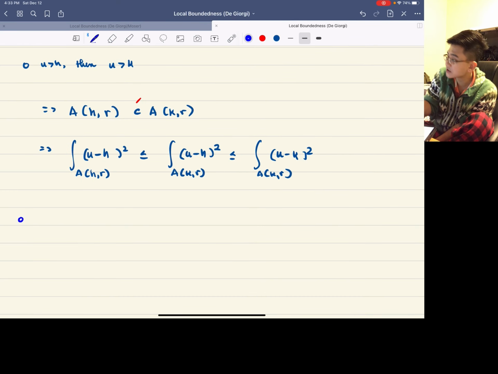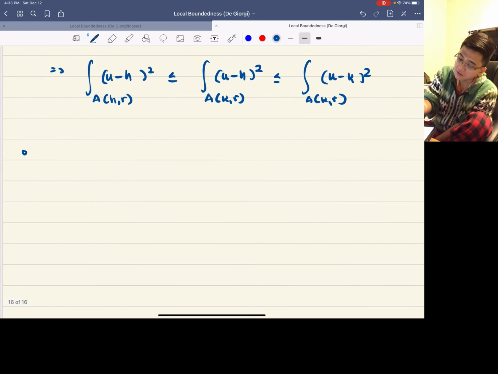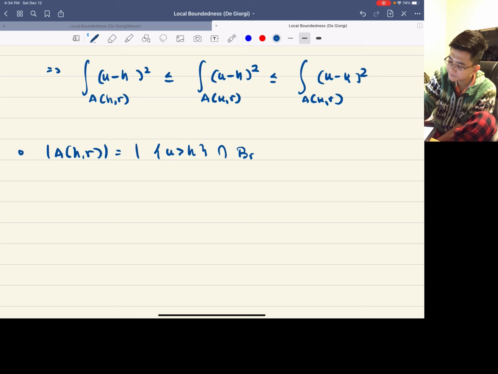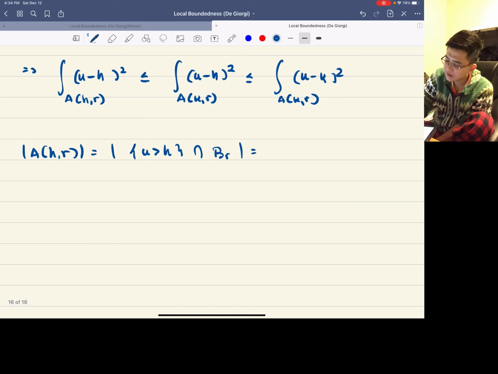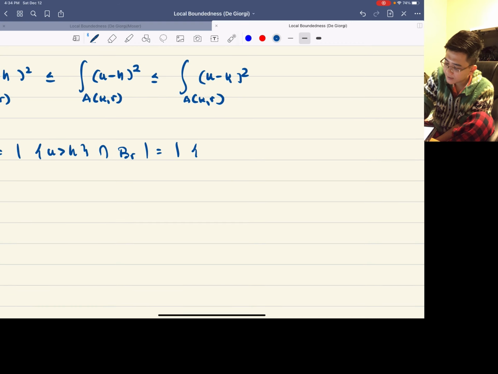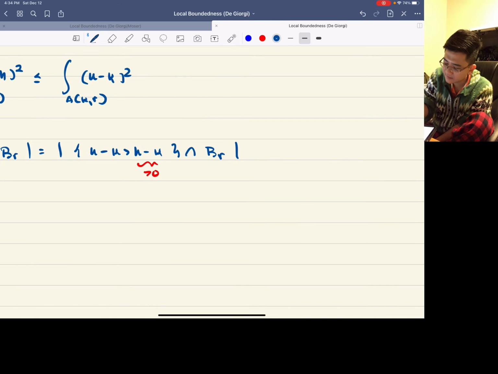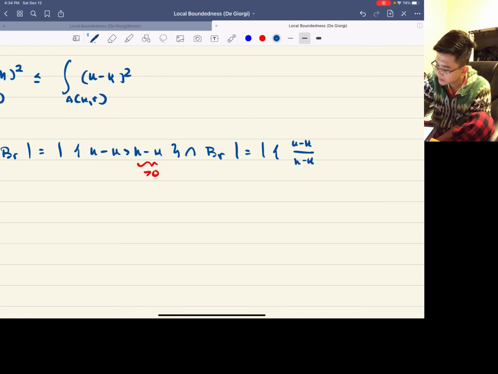Okay, so this is the first observation. The second observation is this. Okay. So the measure of A(h,r), this is the measure of the set where u is bigger than h intersect B_r. So this is just the same as, I'm going to subtract k on both sides and note that this is still positive, intersect B_r. So this is the same as the set where (u minus k) over (h minus k) is greater than 1, intersect B_r.